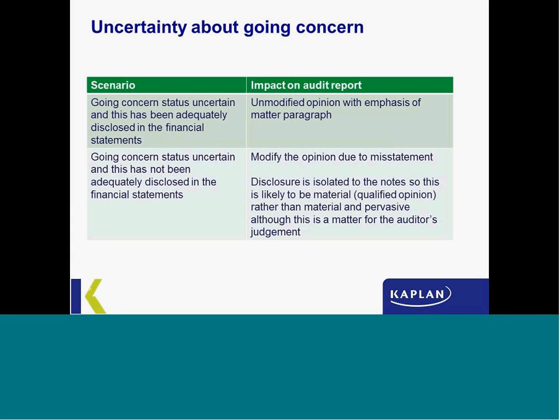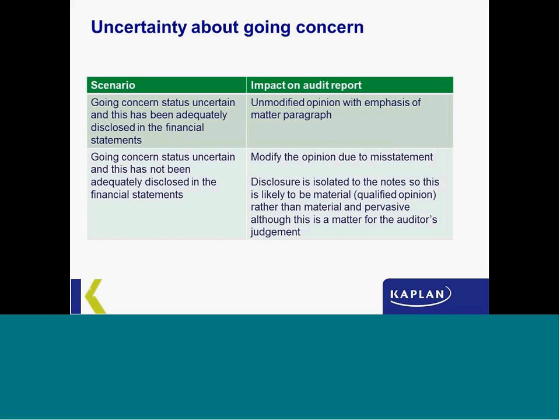Next, there's uncertainty around going concern. So they're not sure if they're a going concern or not. In this version, the going concern uncertainty has been adequately disclosed. Maybe something happened right at the end of the year, and it's not clear how that's going to affect us yet. So there's uncertainty.